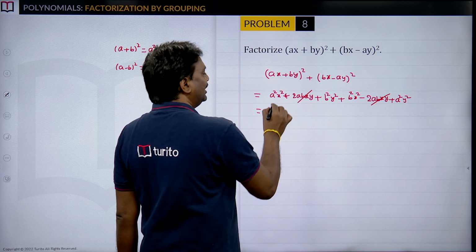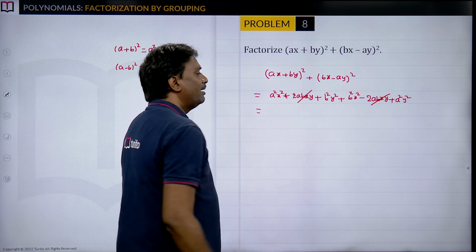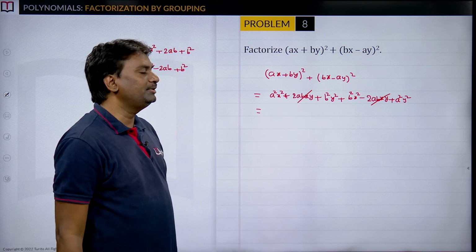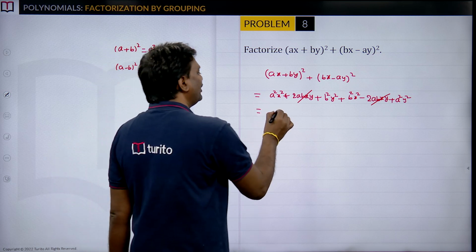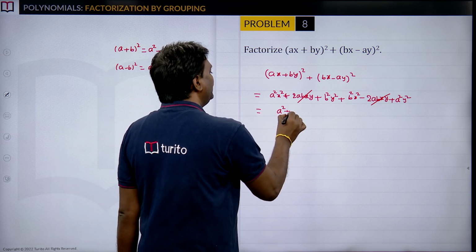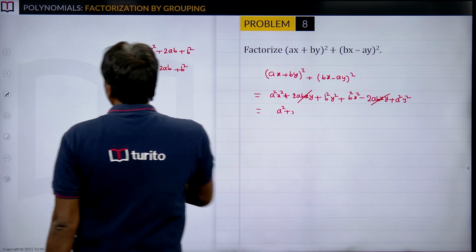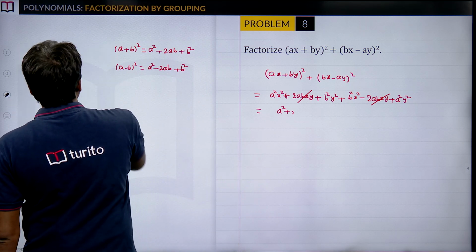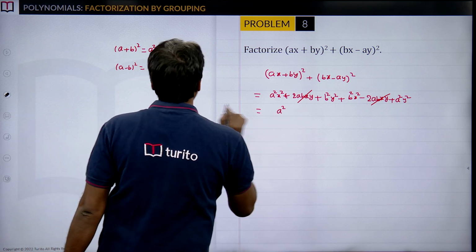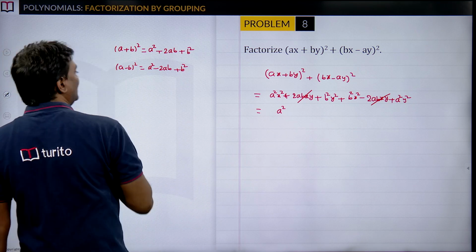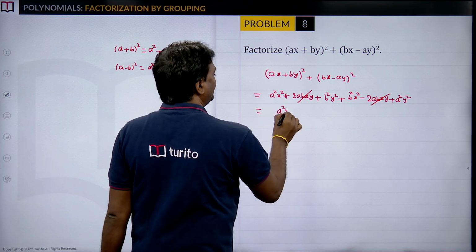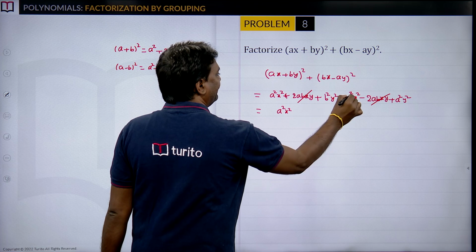So, the remaining terms are a square x square plus b square y square plus b square x square plus a square y square. So, here we can take a square x square plus b square x square.